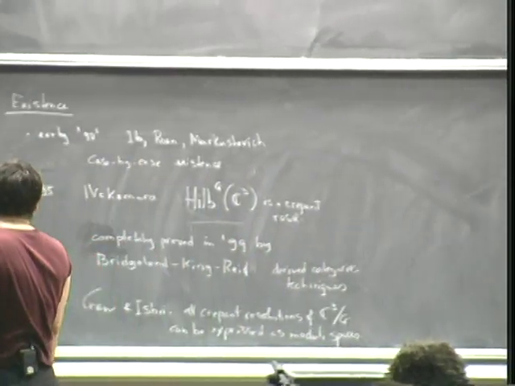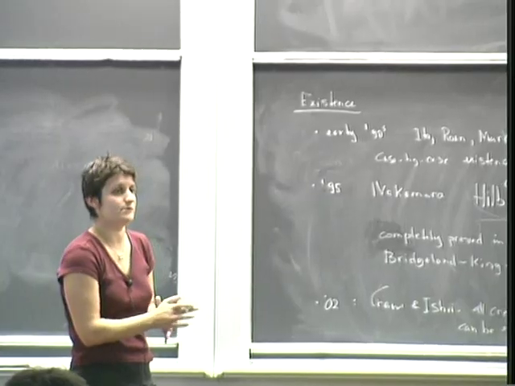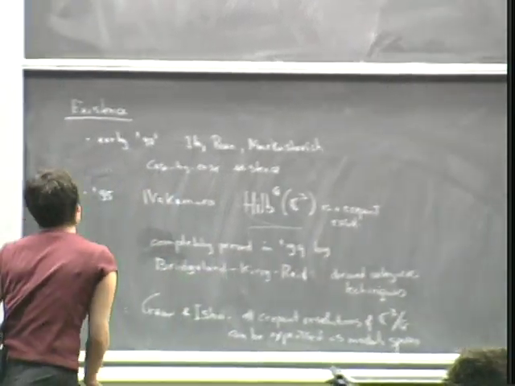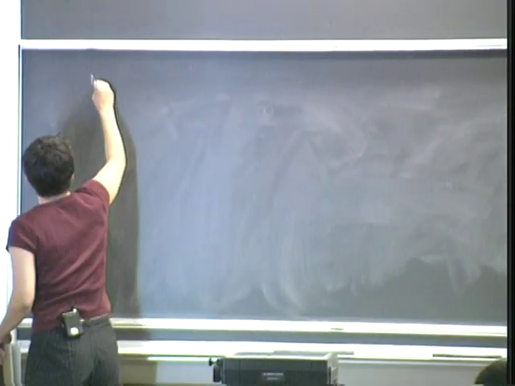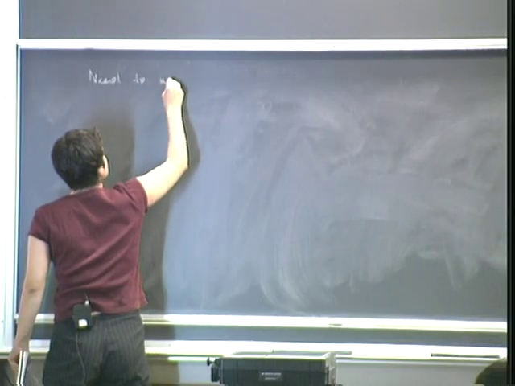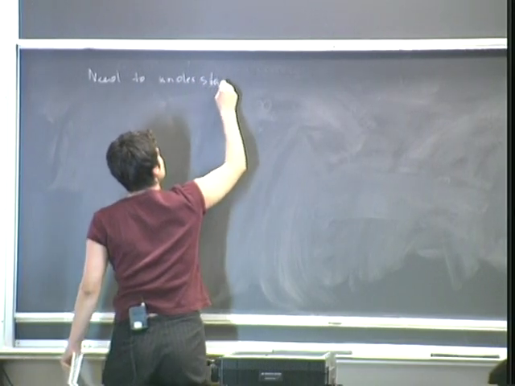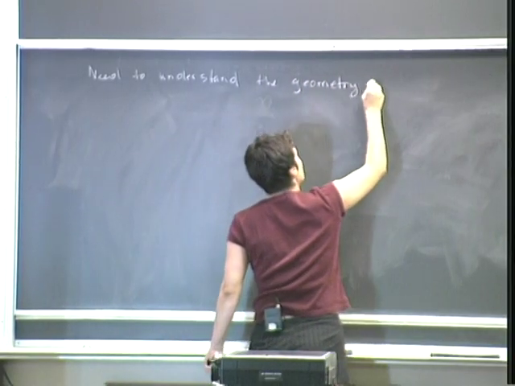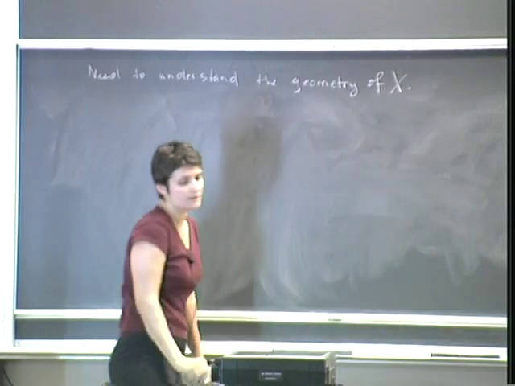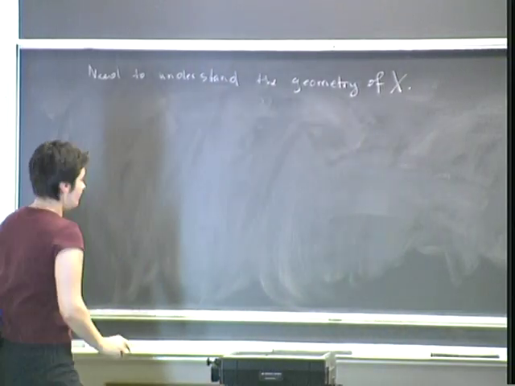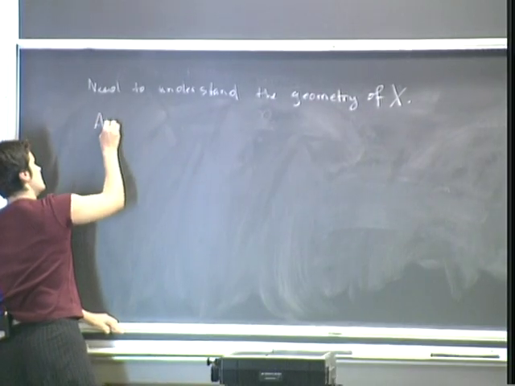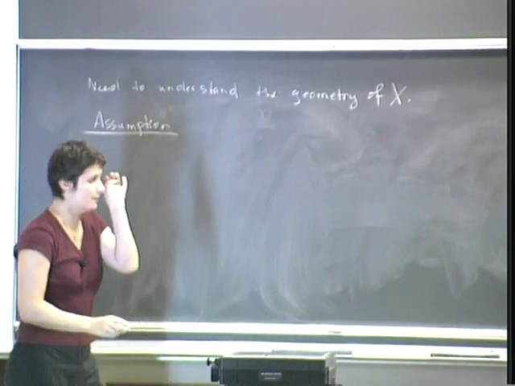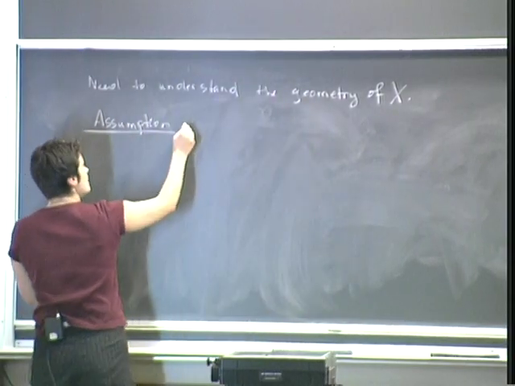But first, in order to do index theory on these Crepant resolutions, you need to understand a little bit about their geometry. So we need to understand the geometry of X. Now I'll make an assumption, because almost everything I'm going to say now works just in this special case.